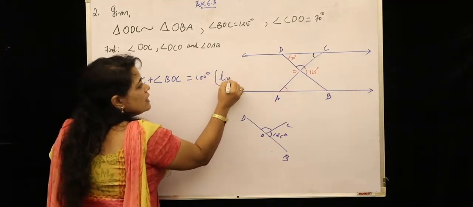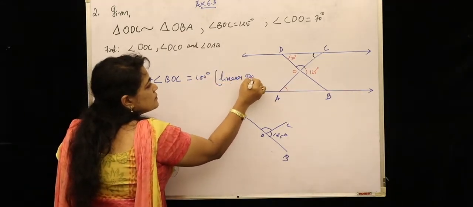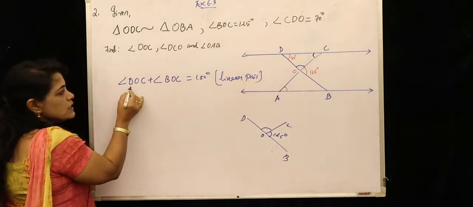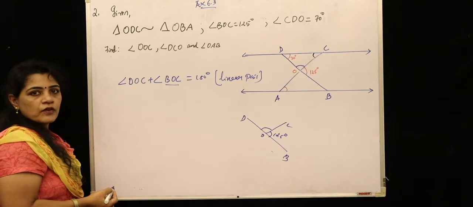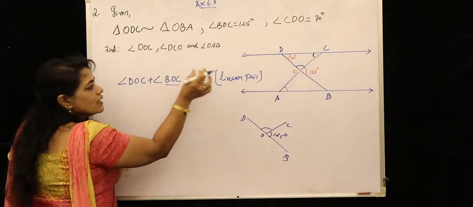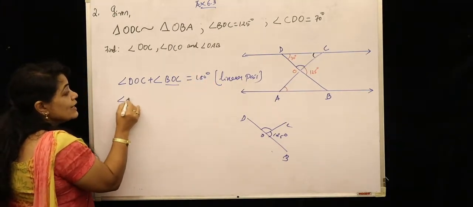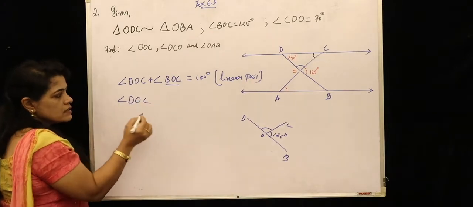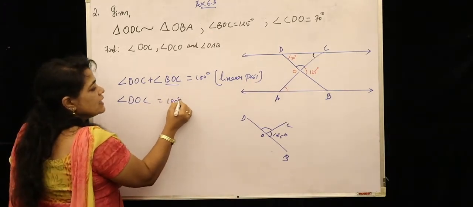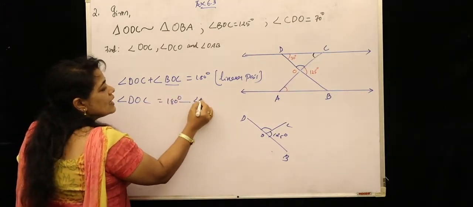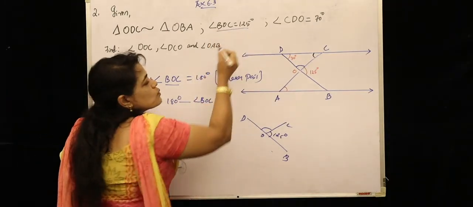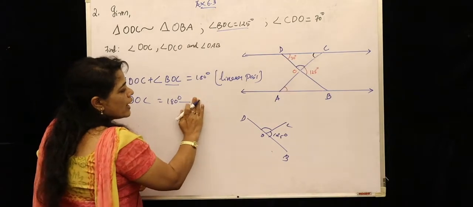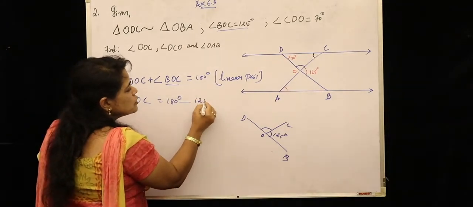Reason: linear pair. Which means here you can write BOC is given as 125, so you can take that to the RHS. Angle DOC will remain on the LHS. So 180 degrees minus angle BOC, but angle BOC is given as 125, so replace it with 125.